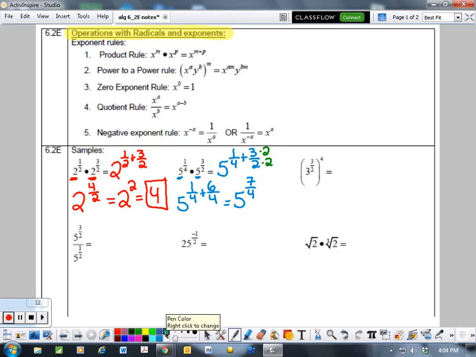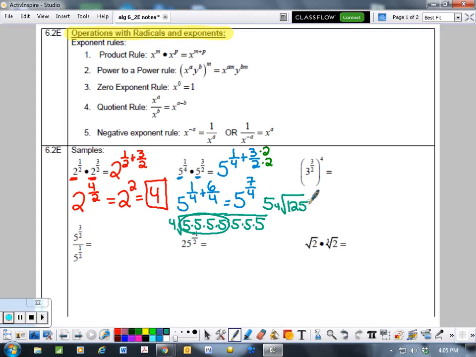Method number 1 would be, okay, this is the 4th root of 5 to the 7th power. So 1, 2, 3, 4, 5, 6, 7. And then all I need, because it's the 4th root, is 4 5s to pull out. So I get a 5 times the 4th root of 5 to the 3rd, which is 125. So I could look at it like that.